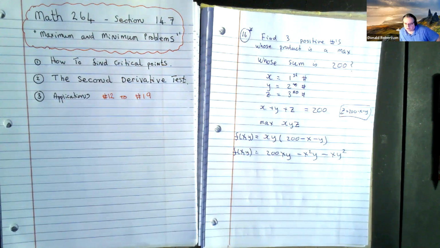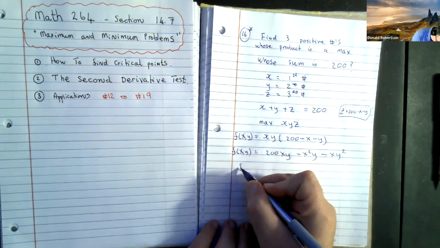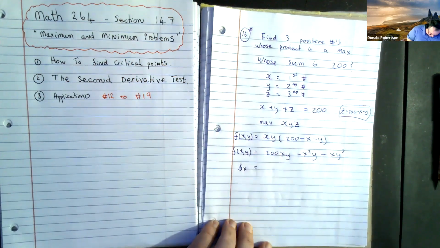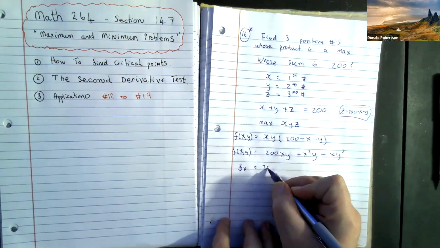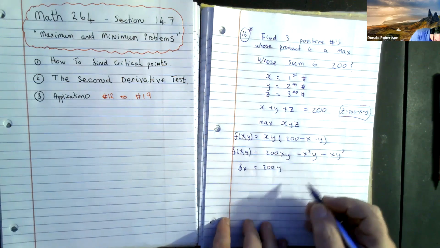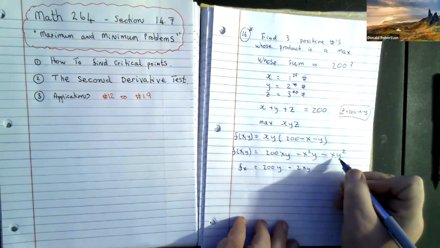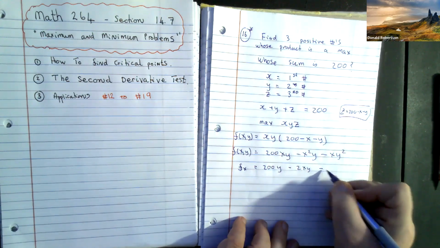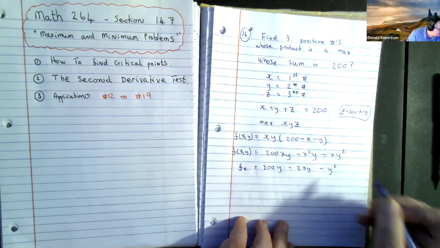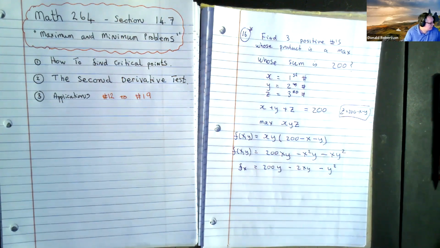Now, to find critical points, we find the partial derivative with respect to X and set it to be 0. So this guy is going to be 200y minus 2xy, and this guy is going to be minus y squared. Check that out, looks good.